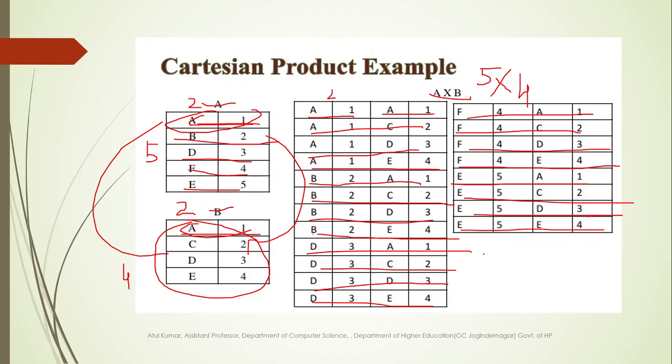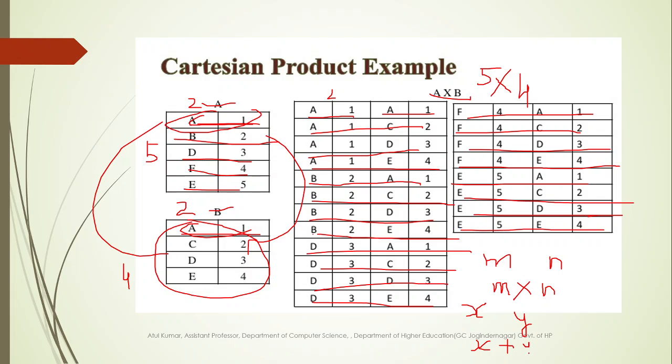So in general, suppose we have m rows in the first relation and n rows in the second relation. The total number of rows in the A cross B resultant relation is m cross n. And for the degree, suppose the first relation contains x columns and the second relation contains y columns. The degree of the resulting relation is x plus y.